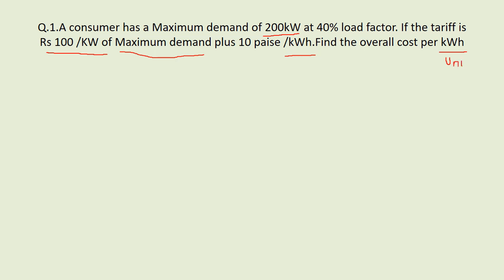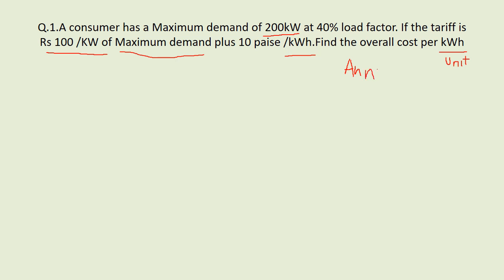We should know that if nothing is specified about the time interval, the tariff is calculated annually. If nothing is given regarding the time, whether it is monthly or seasonal, you should understand that by default it is an annual calculation.